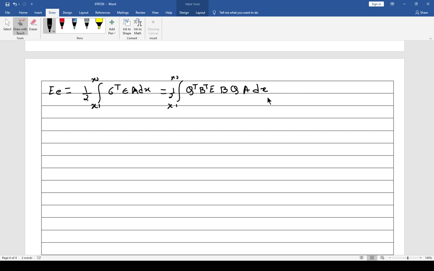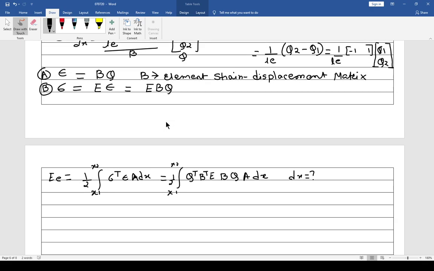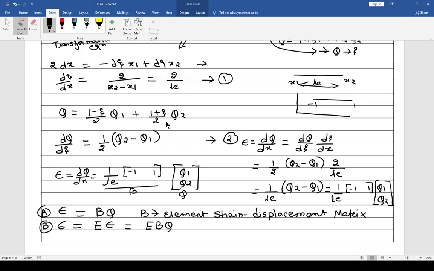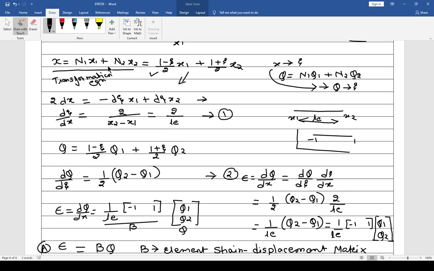Now the question is, we have to replace dx, so that the limits will turn to -1 to 1. So we'll take the transformation matrix's help. So what is the transformation matrix? This, and from this I got d xi by dx is 2 by le, or I can say dx equal to le by 2 d xi.